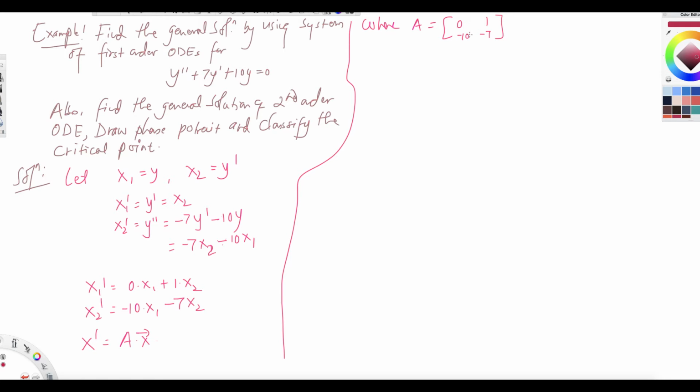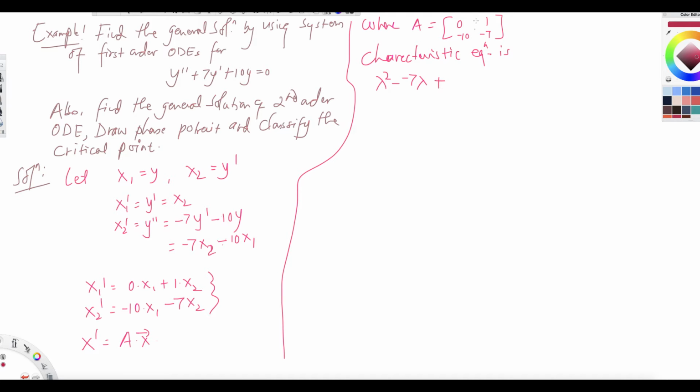Okay, so to find the solution of this system, we need to find the eigenvalues. That's the method that we learned, right? So to find the eigenvalues, we need to find the characteristic equation, right? The characteristic equation is lambda squared minus the sum of the diagonal elements, so negative 7 lambda, right?